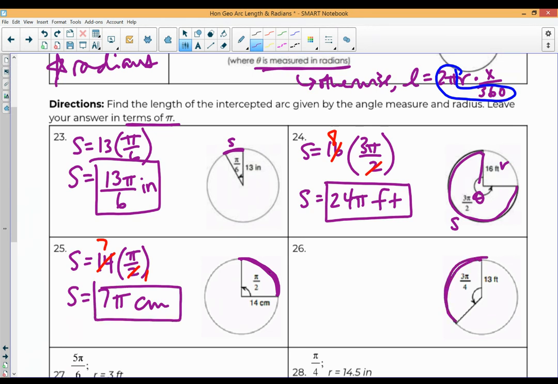It's the last one of its kind with a visual. S equals R theta. All right, nothing to reduce. So I'll just multiply across. So that's 39 pi over 4 feet.